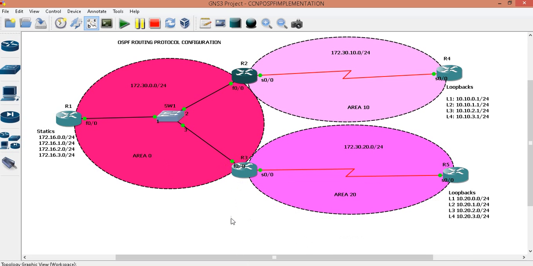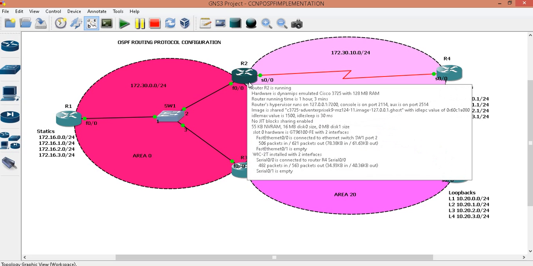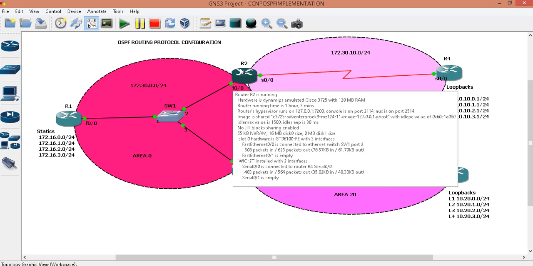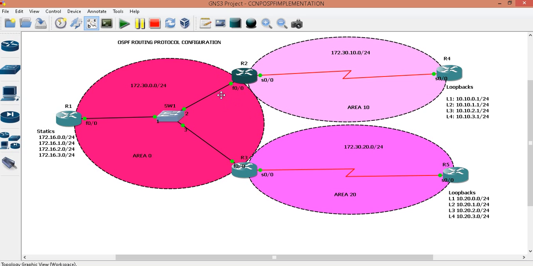You see that router 4 will be sending those loopback networks to router 2, and router 2 injects all those routes into the Ethernet network. So in order to avoid all that traffic, we implement summarization on this boundary, and then the network will be optimized. You see the difference between OSPF and EIGRP.